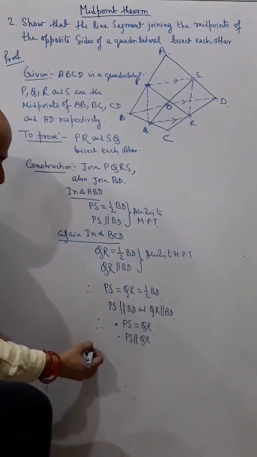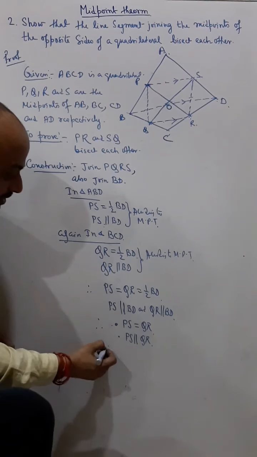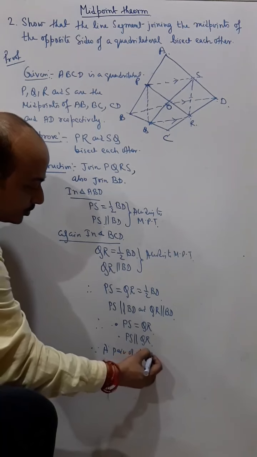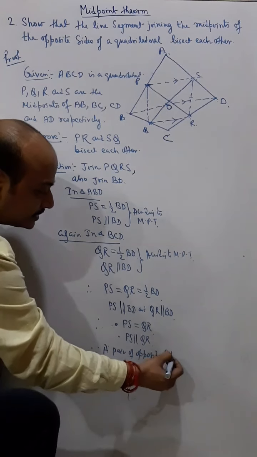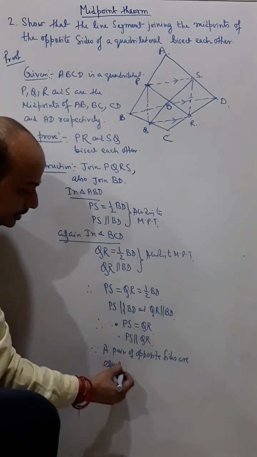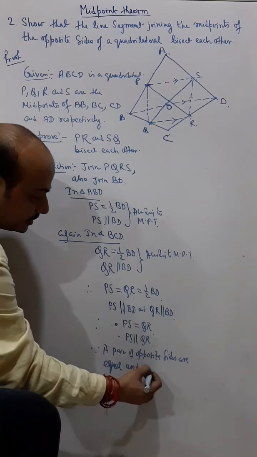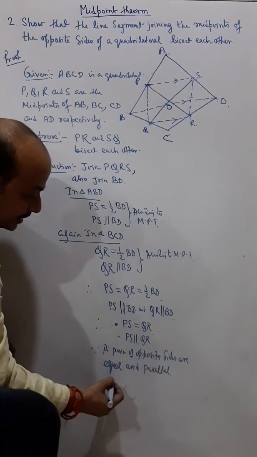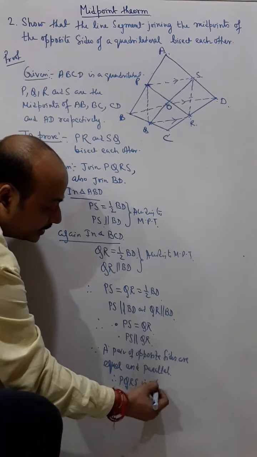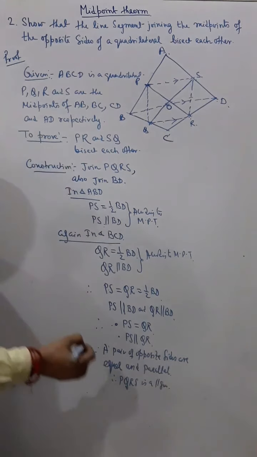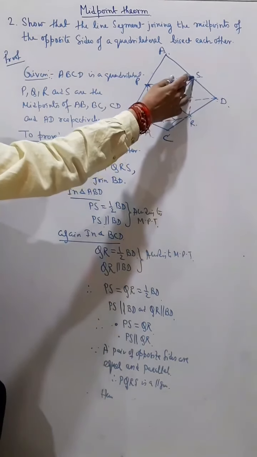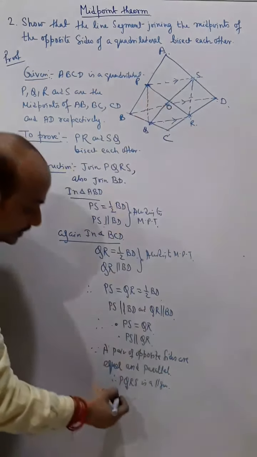So I can say, since a pair of opposite sides are equal and parallel, therefore we can say that PQRS is a parallelogram, and hence we can say that PR and QS bisect each other.